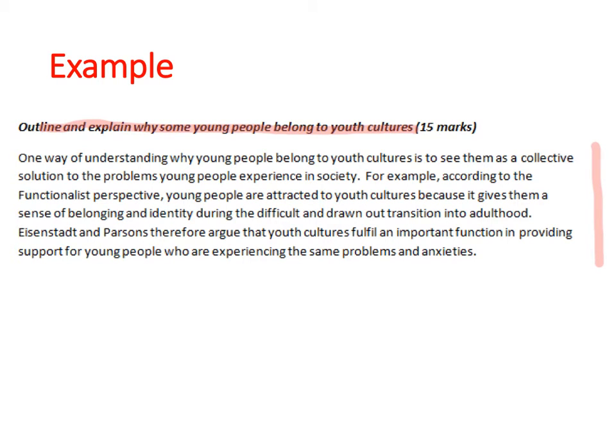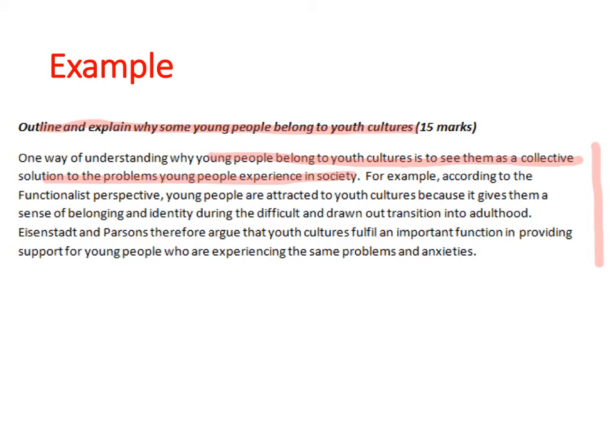Now this has got a really nice paragraph structure. If we take the first sentence, it clearly relates back to the question set, and also it identifies the point that's going to be discussed in the rest of the paragraph, this idea that young people belong to youth cultures because they see them as a collective solution to the problems that young people experience in society.